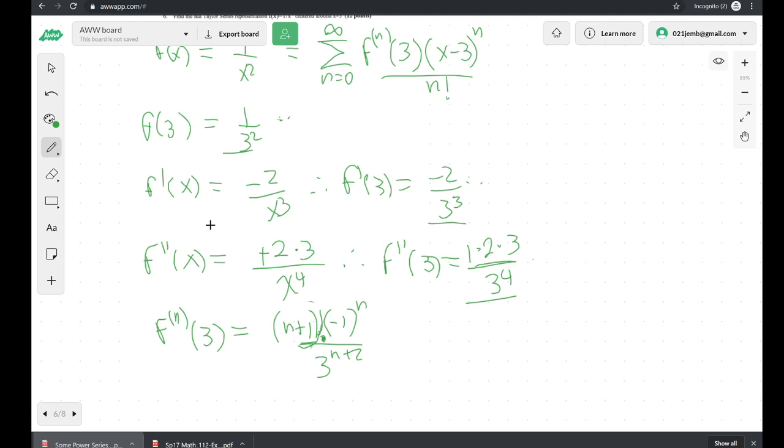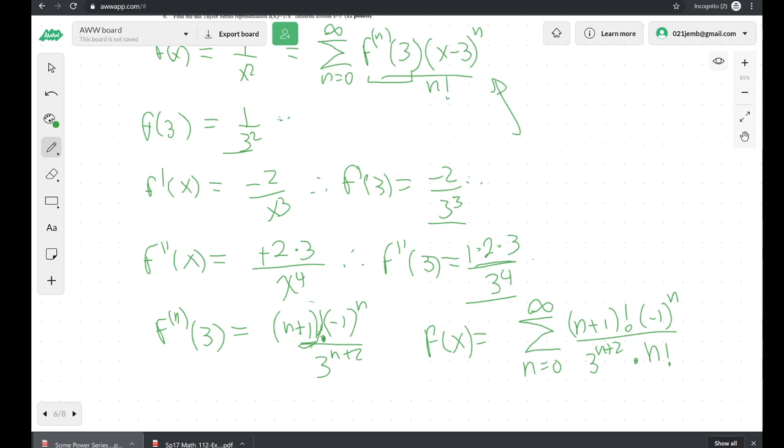So we can say that the Taylor series representation as a sum will be something like this. f of x is going to be the sum from n equals 0 to infinity of the nth derivative at 3, which we found to be n plus 1 factorial times negative 1 to the n divided by 3 to the power of n plus 2, and then multiplied by, on the bottom, n factorial, and on the top we have x minus 3 to the power of n.